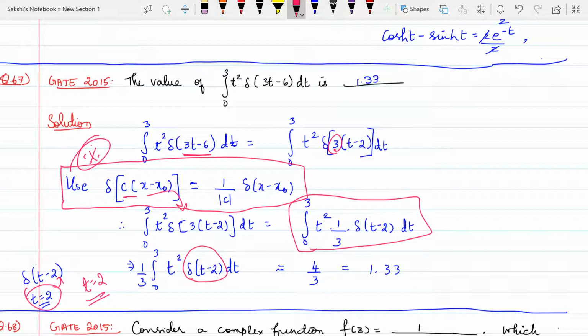Now what is your next step? You have to see whether that value of t lies inside your limit or not. So t is equal to 2 here lies inside the limit.